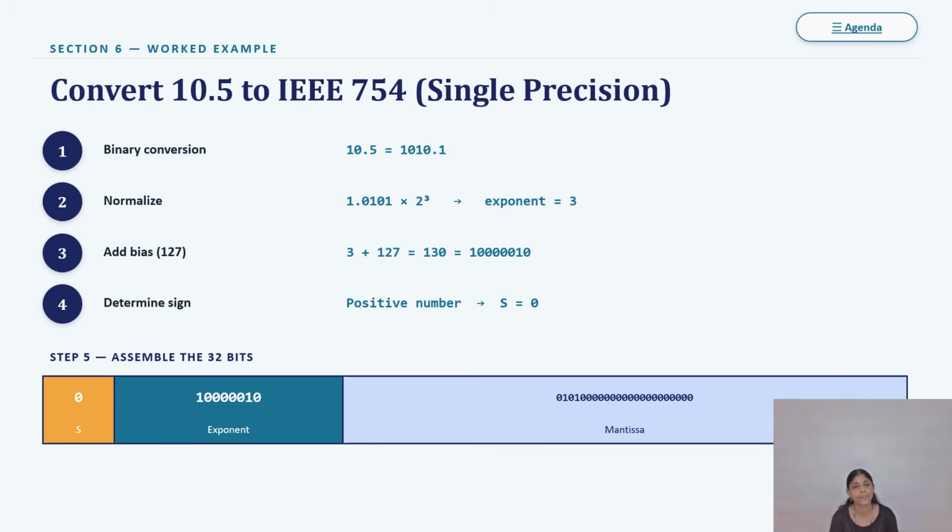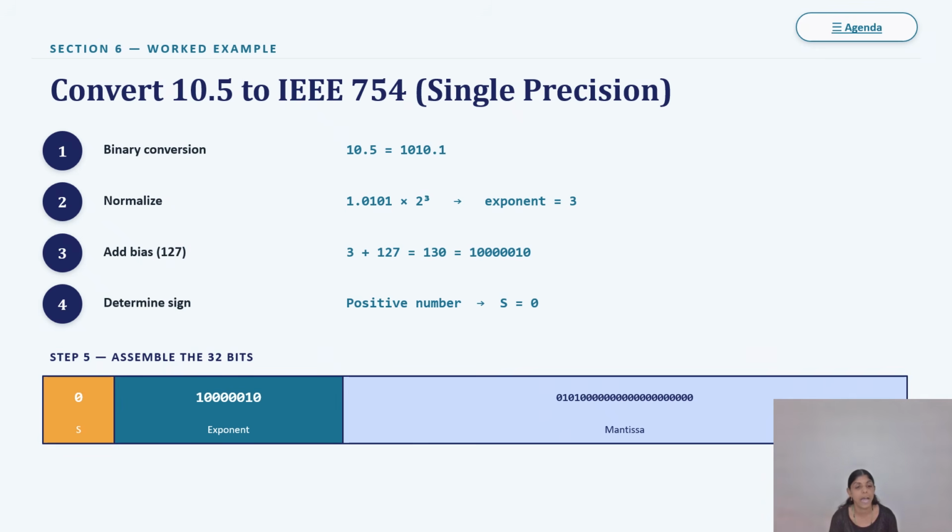So instead of writing 1010.1, I have written it as 1.0101 into 2 power 3. What I have written? 2 power 3. The 3 is represented as the exponent there.